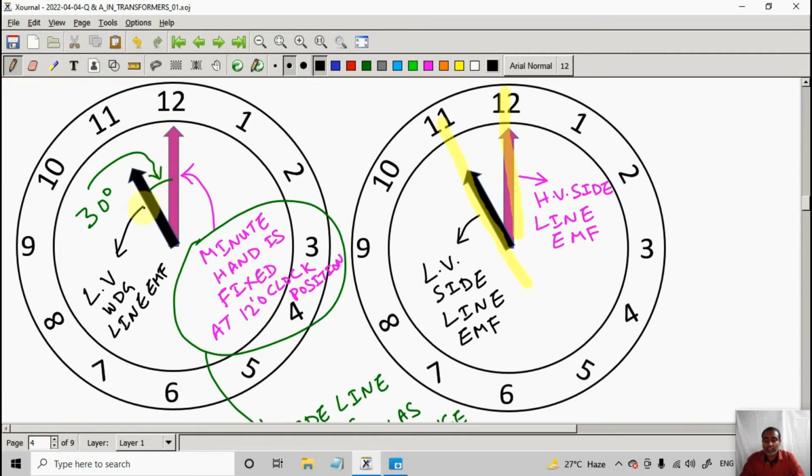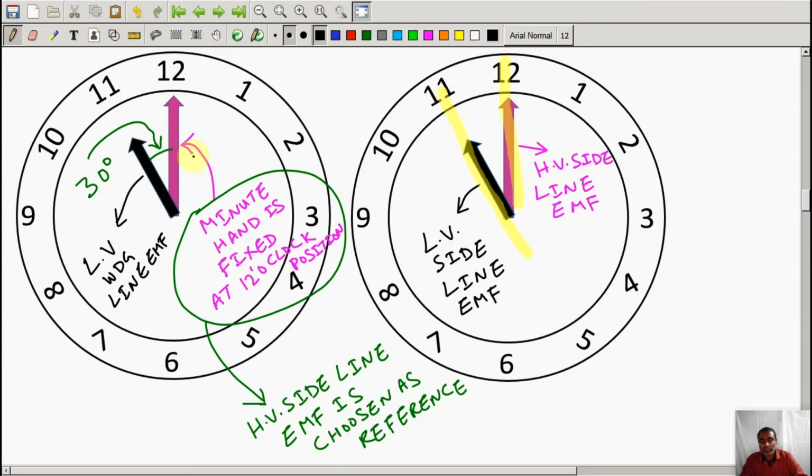So these represent the LV side line EMF and HV side line EMF. We also stated the reason why it is a 30 degree lead: the minute hand is fixed, representing the high voltage side line EMF. So the HV side line EMF is chosen as the reference.